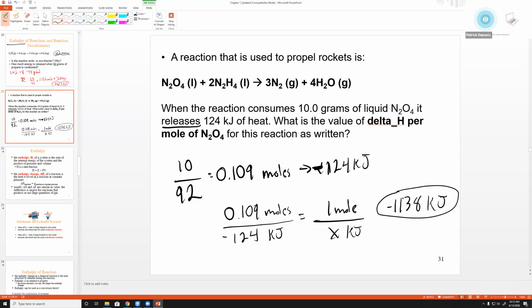Hopefully so. No, I divided it the other way. Did I mess up? Let's see. Yeah, it would be that, because let's say you move X over here, multiply by negative 124, divide by 0.109. Then you would get 124 divided by 0.109 to get X. Does that make sense if you cross multiply?